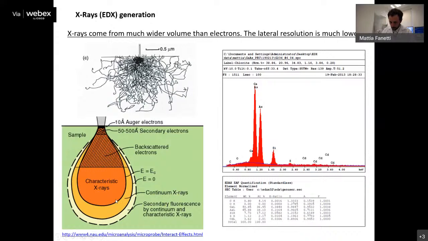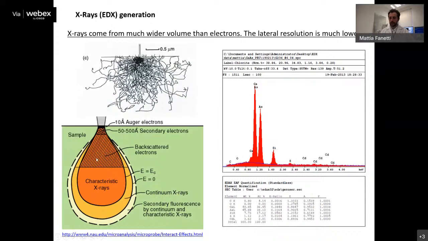I remind you what I told you before, that if this is the interaction volume, in the case of X-rays, they can travel several micrometers inside the sample before being absorbed. And so actually the part of the sample which you analyze by EDX is much larger than the part of the sample from which you collect the signal, for example, in the case of secondary electrons.